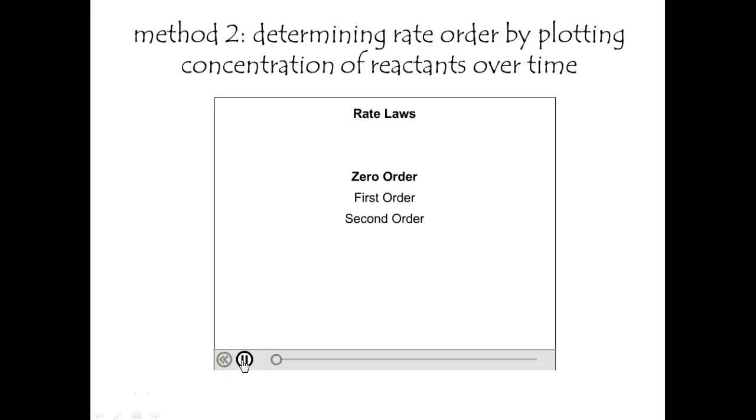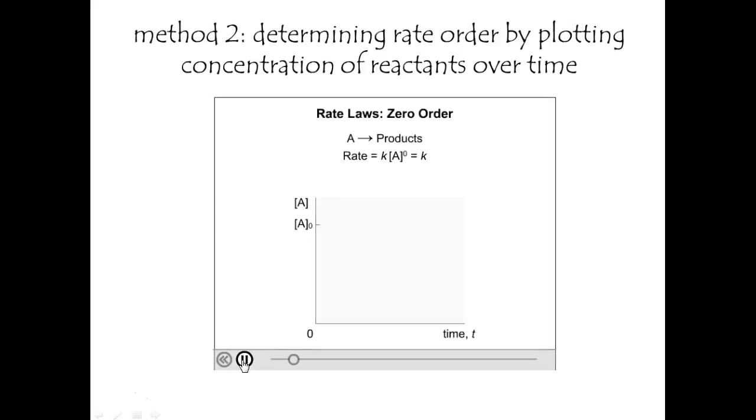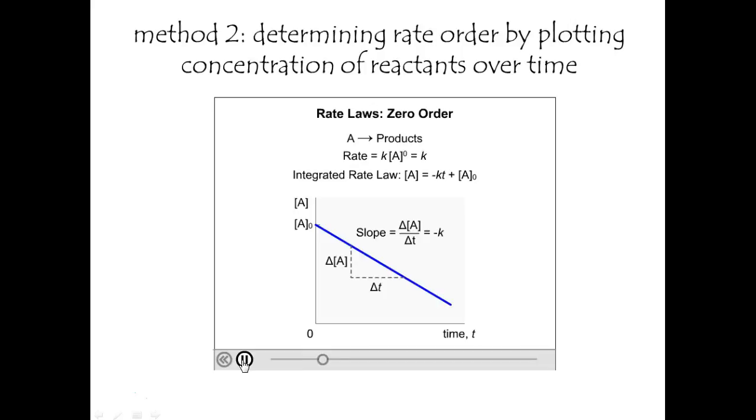Let's explore the differences between the graphical behavior of different reaction orders. In a zero-order reaction, the concentration decreases in a straight-line fashion as time progresses. The rate constant, K, can be determined from the slope of the line.